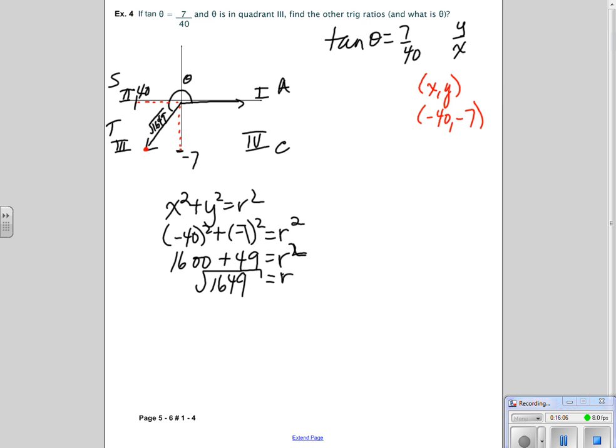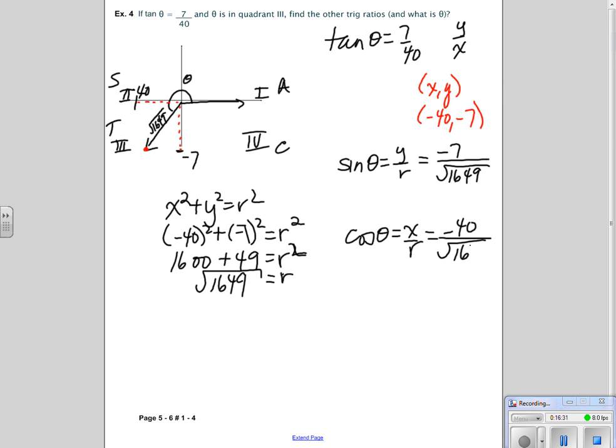I'm going to come up with the other two trig ratios. I want sine theta, which is y over r, and I want cos theta, which is x over r. My y value is minus 7, and the r is root of 1649. Leave it in exact answers. x is minus 40, and the r is root 1649.